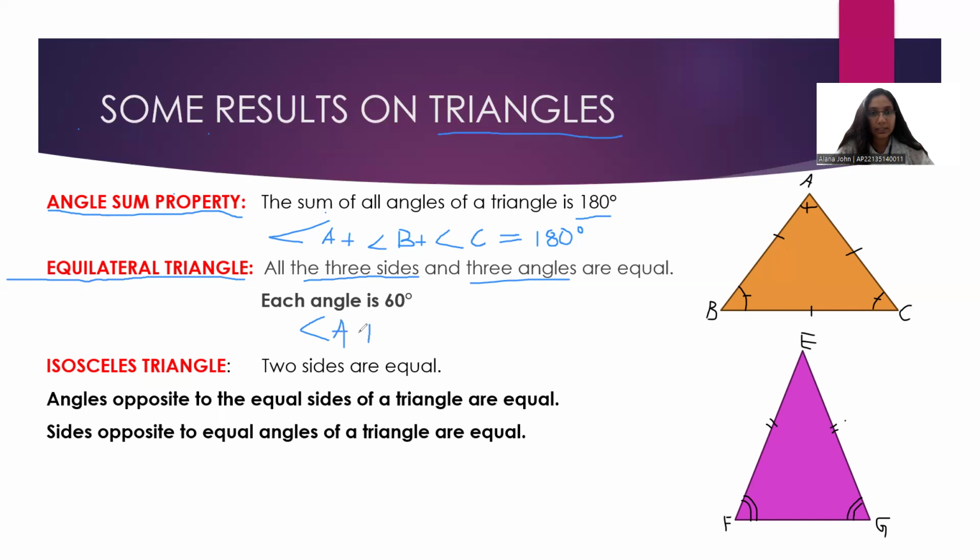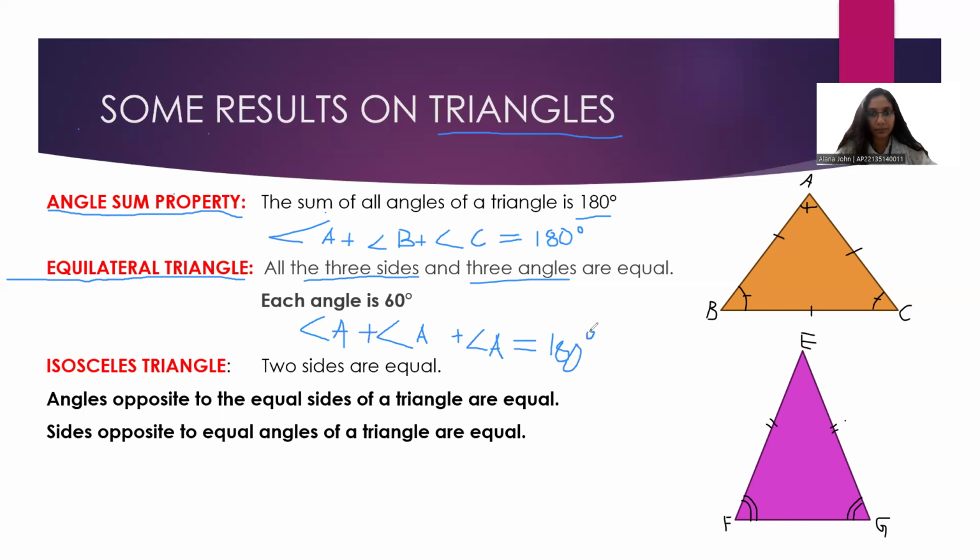Angle A plus, instead of angle B, I am taking angle A, and instead of angle C also, I am taking angle A. So the sum of the angles by angle sum property will be giving how much? 180 degrees, right?